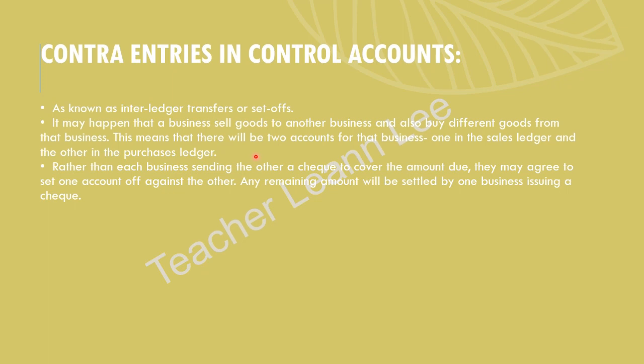So rather than sending each other a check to cover the amount due, why not just agree to set off each other's account? Any remaining amount will be settled by one business issuing the check. So this one is very clear-cut. If I owe you or you owe me also, we just set it off from the account, and I don't need to purposely write the check.